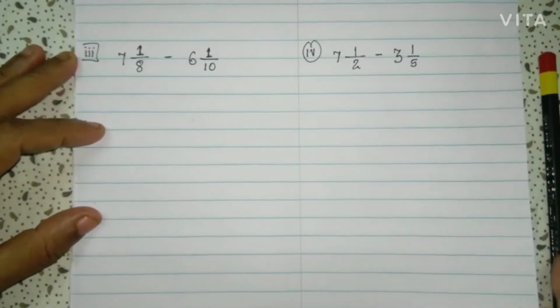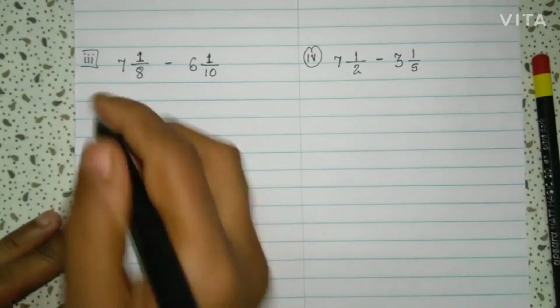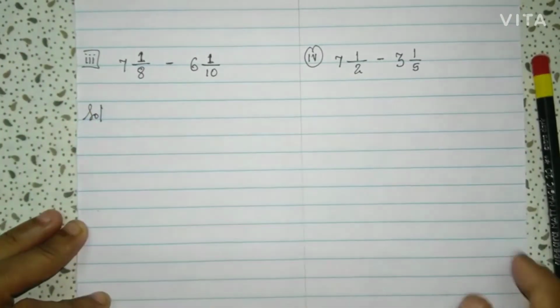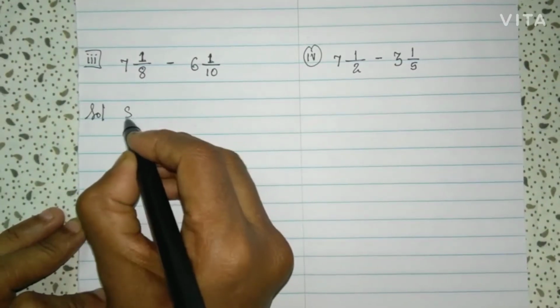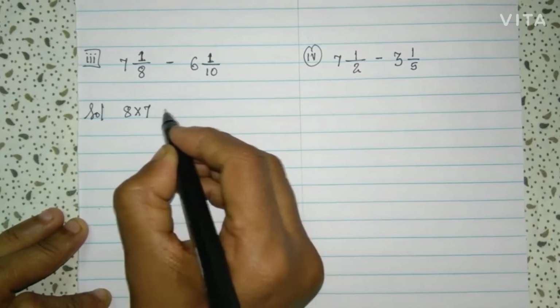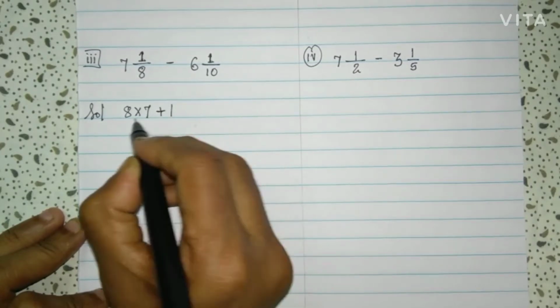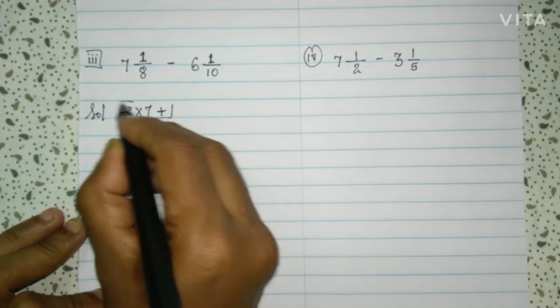So, 6 2s are back to 1. Now, let's do our third and fourth sums. Solution. So, denominator 8 multiply by middle term, then add by numerator, then back to denominator.